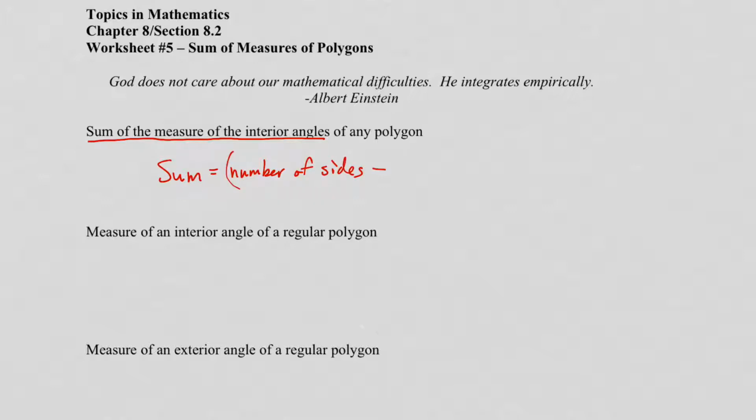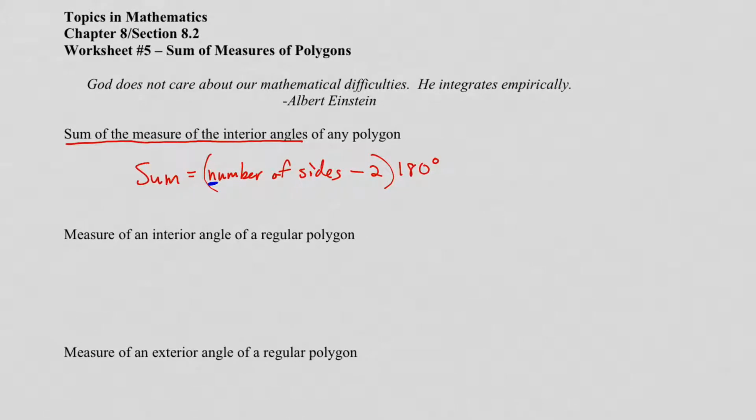You're going to subtract 2 from that. After you subtract 2, then you're going to multiply by 180 degrees, which if we just use n for the number of sides, we can simplify this to n minus 2 times 180. Okay? Number of sides is the same as n.